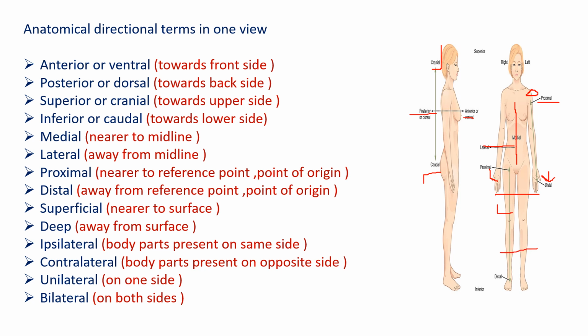If we consider right arm and right leg, then they are ipsilateral, but if we consider left arm and right leg, then they are contralateral to each other. Superficial means any structure that is present near to the surface. Deep means any structure present away from the surface.